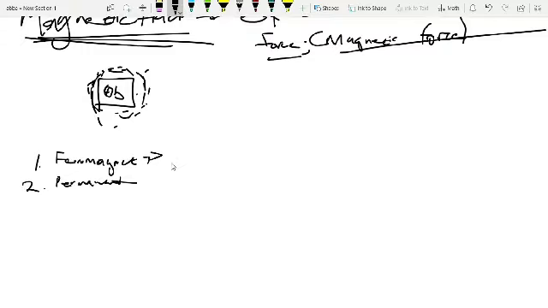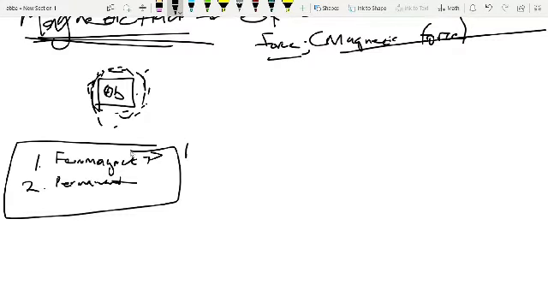When we say something is ferromagnetic, okay, before, when we define a magnet, we define it by its domains, right?